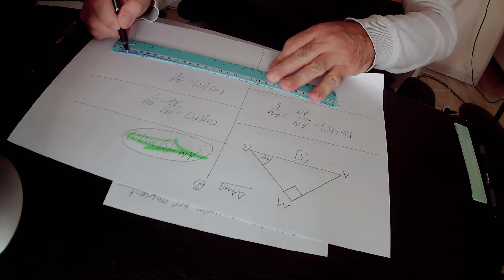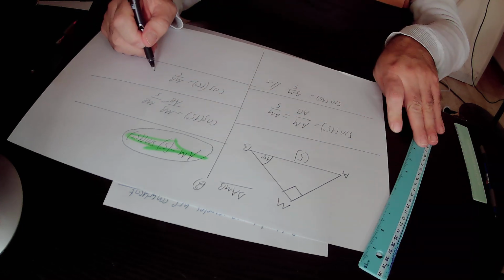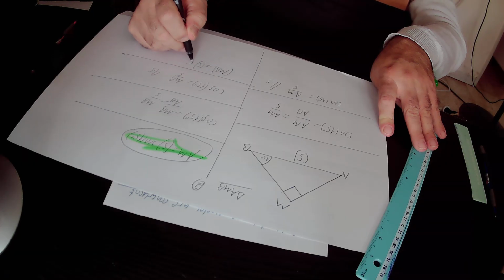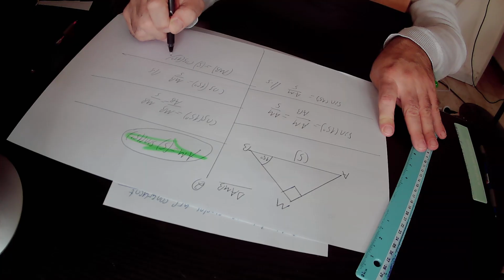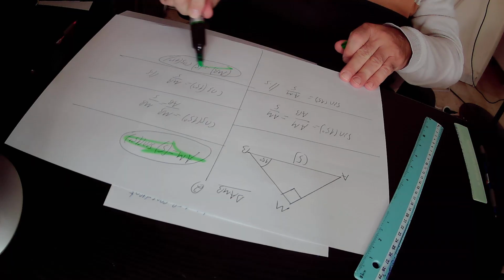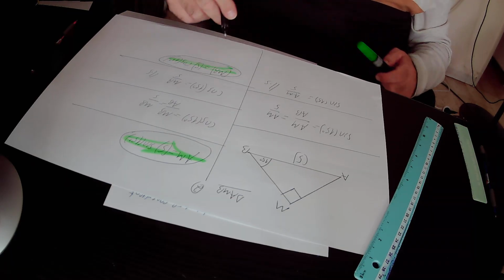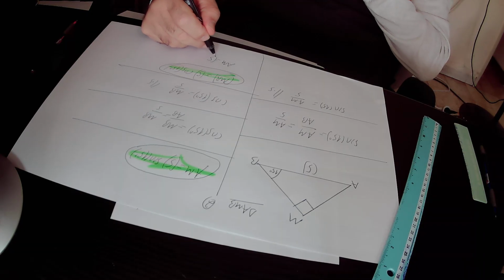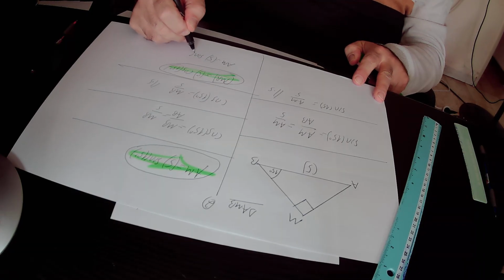Here we will multiply this equation by 5 and finally we get that MB equals 5 times cosine 15 degrees, while AM, we found out, equals 5 times sine 15 degrees.